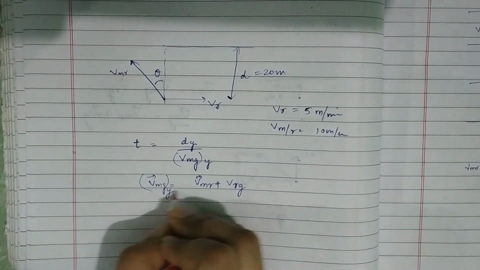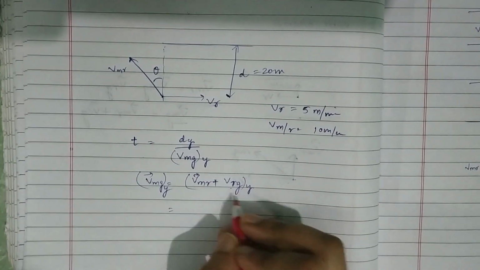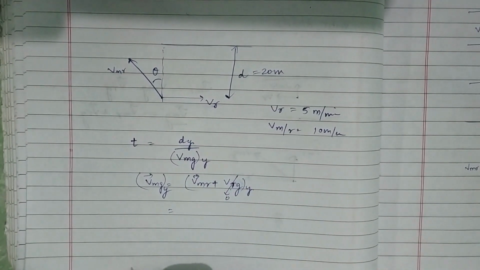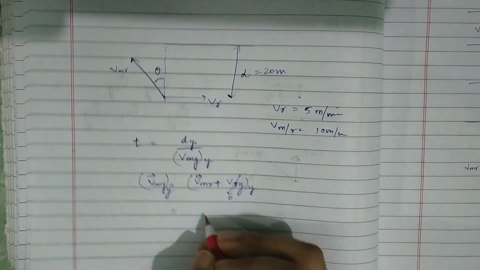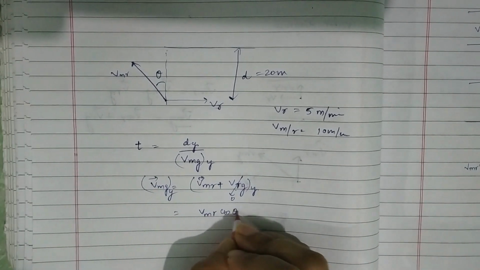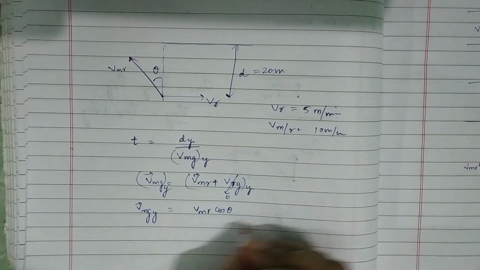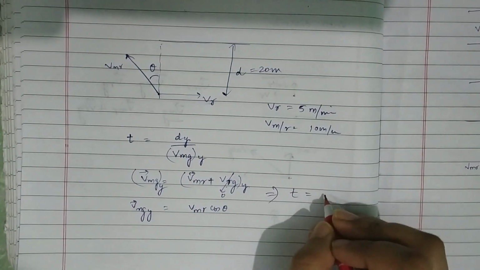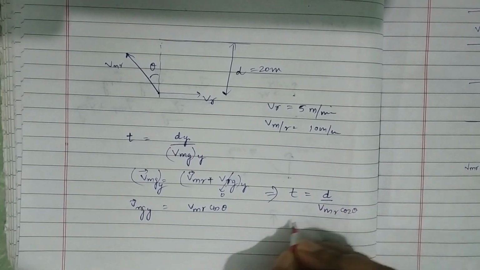Now since we need the y component of everything, velocity of river is nowhere in the y direction, so the y component will be 0, and the y component of velocity of man with respect to river will be VMR cos theta, right? So we'll put that in this equation, which implies the time will be d by VMR cos theta.